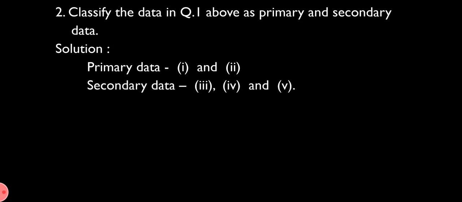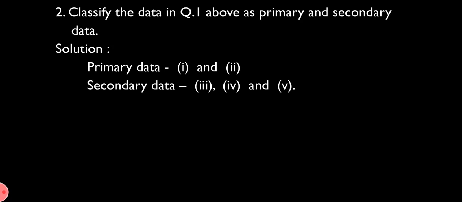And the secondary data is where we collect the information from a source which has already stored that information. So for the solution, examples number 1 and 2 are examples of primary data, and examples number 3, 4 and 5 are secondary data.